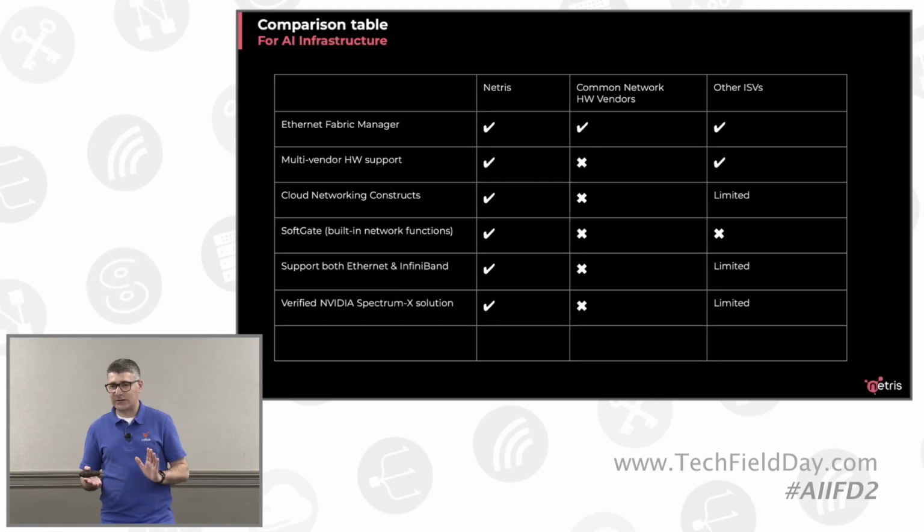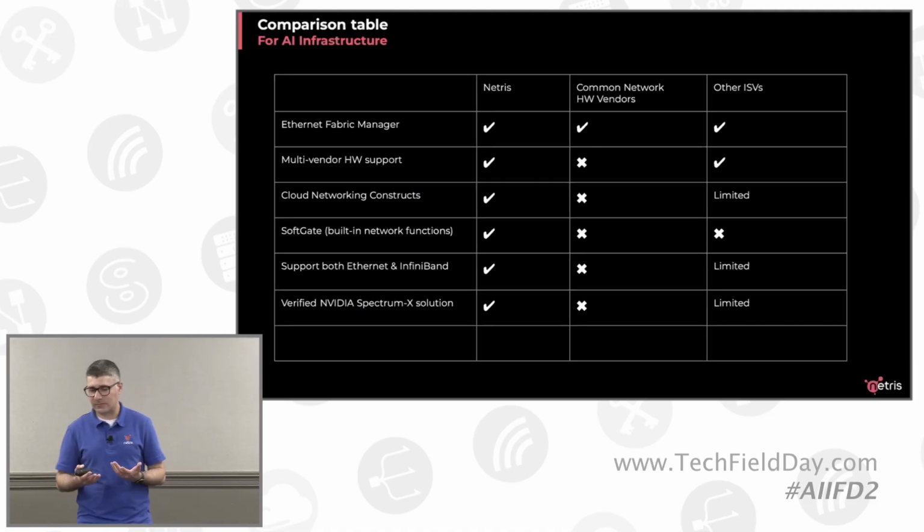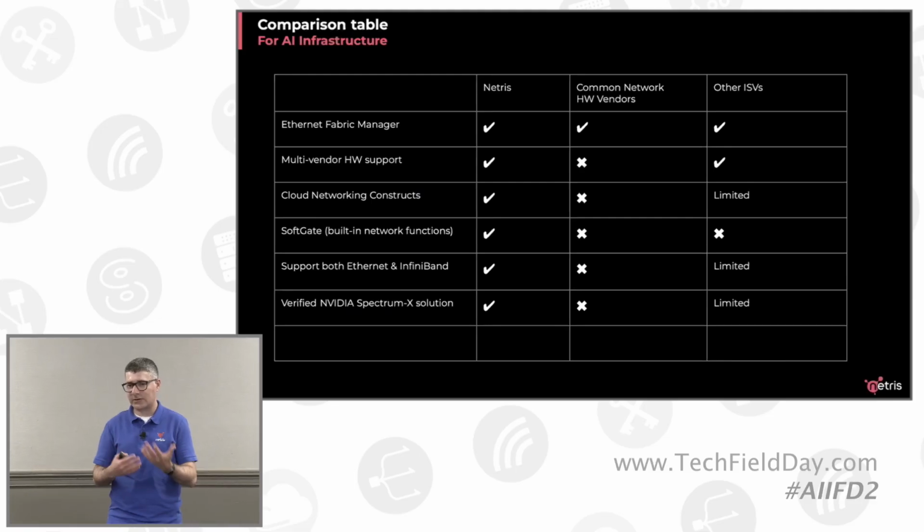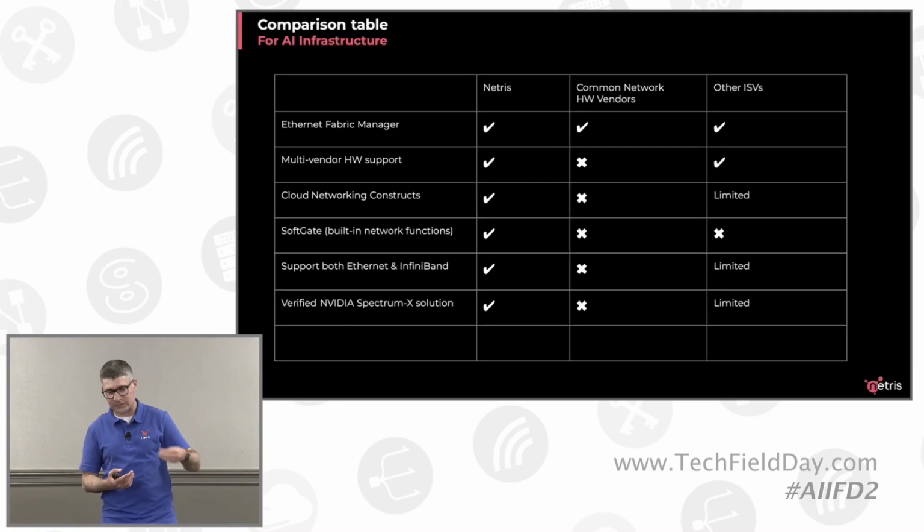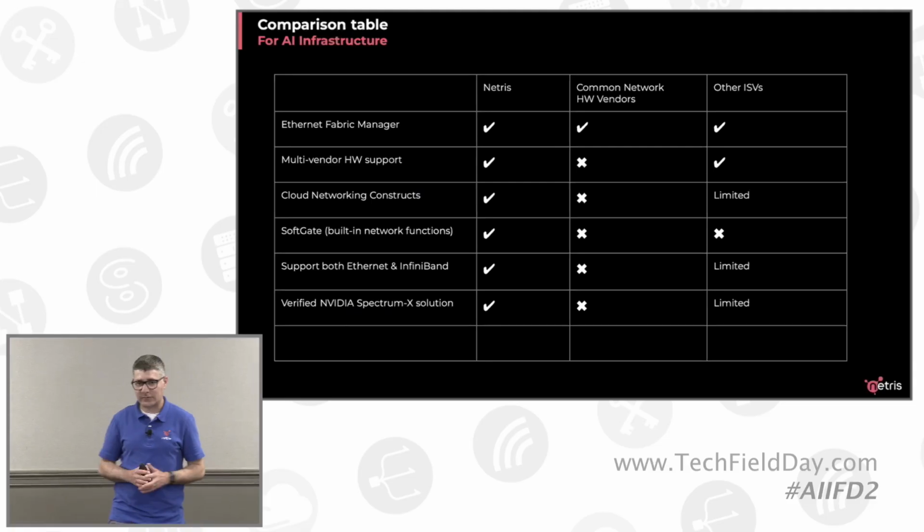We have this SoftGate, which is unique in that we haven't seen a similar product elsewhere. The typical approach is to have a firewall and a separate load balancer, which is okay. We support that use case, absolutely no problem.